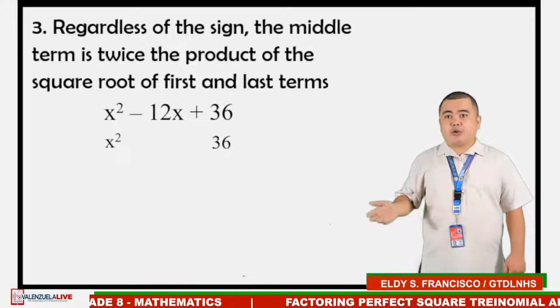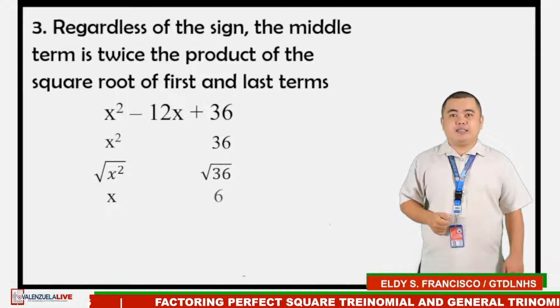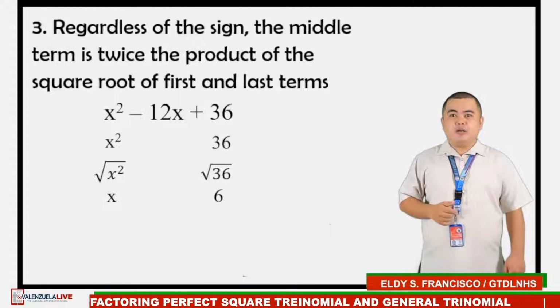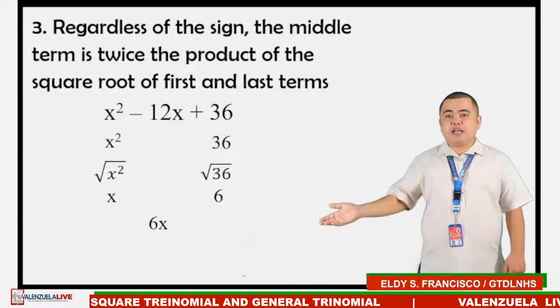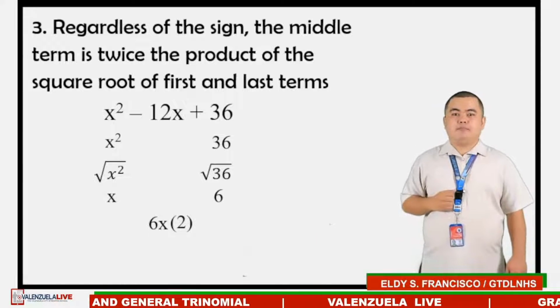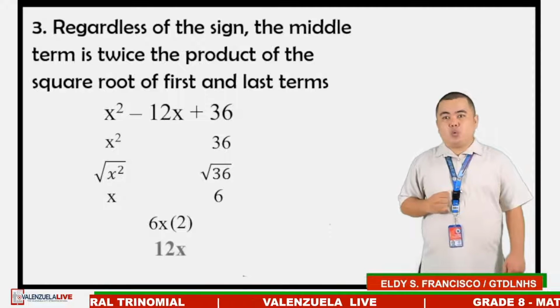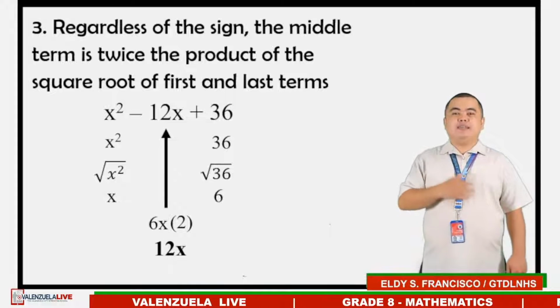So, square root of x squared is x. Square root of 36 is 6. Then, getting the product of those square roots of first and last terms, we have 6x. Then, twice it. And last, we will have 12x as the middle term regardless of the sign.